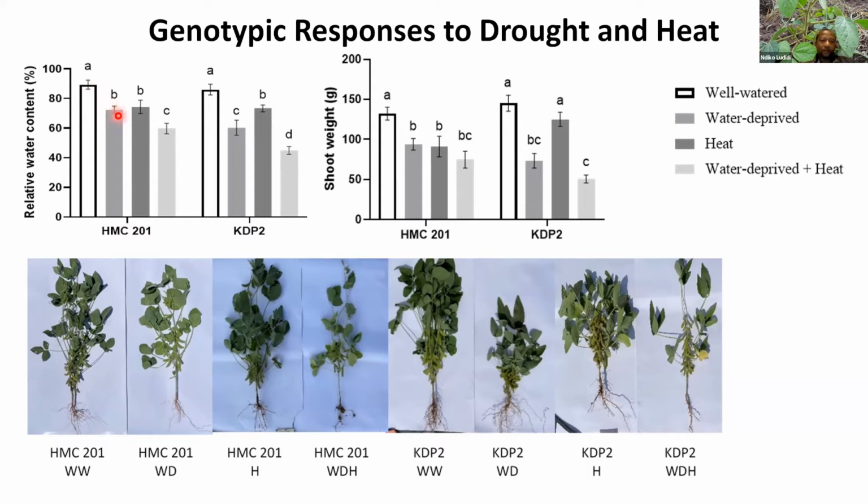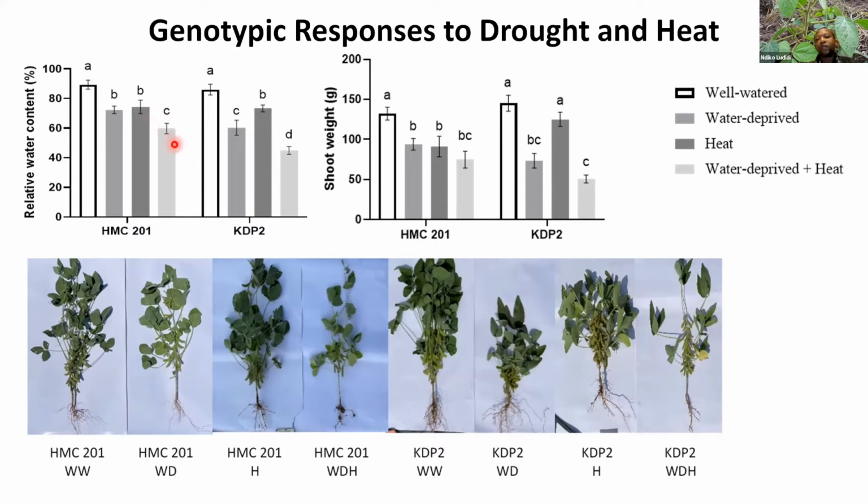It drops quite a bit to way below 80% under drought and also under heat stress. And this might be important because we know that under heat stress, you get higher levels of evapotranspiration, and I think this is one of the reasons why we have a drop in relative water content under the heat stress, even though we had supplied sufficient water to this plant.